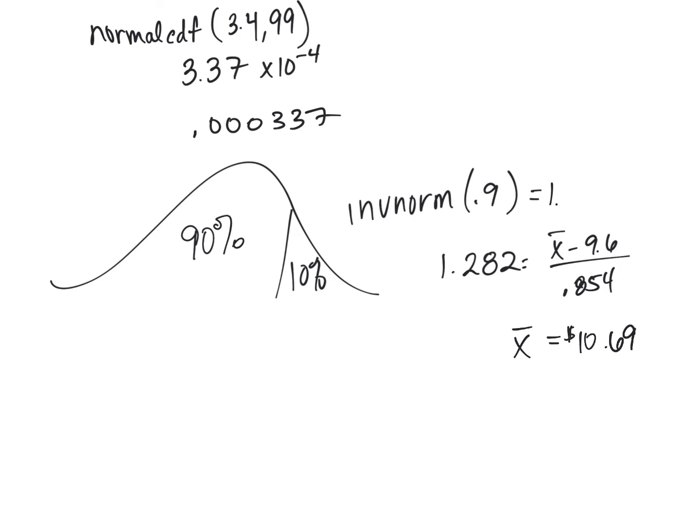So the best 10% of weekends, he averages 10.69 per table. Then you can times that by 40. By 40 tables, he makes an average of 427.78.